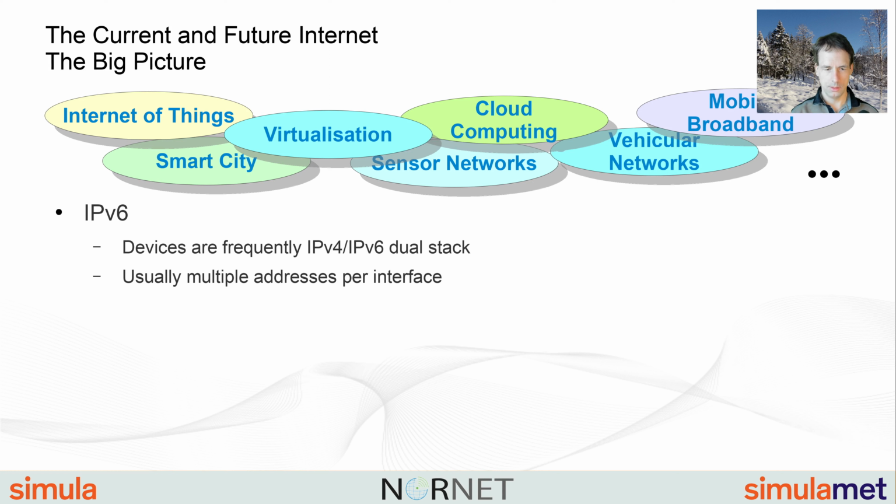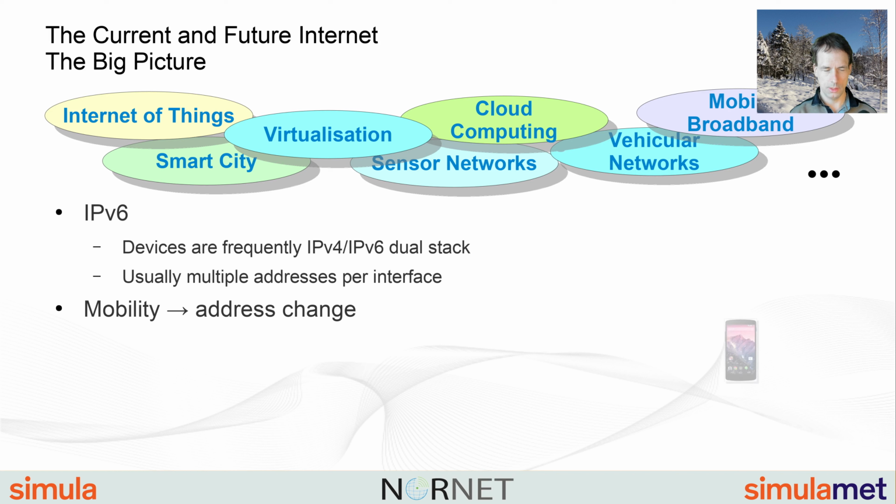In fact, nowadays most devices are dual stack, that is being able to communicate with IPv4 and IPv6. So usually you have multiple IPv4 and IPv6 addresses per interface.